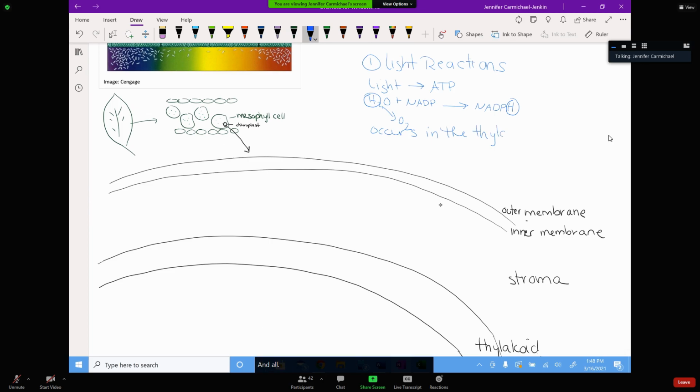And all of this is going to take place in that thylakoid. So that's what we're going to talk about. How does light become ATP, and where do the electrons go?